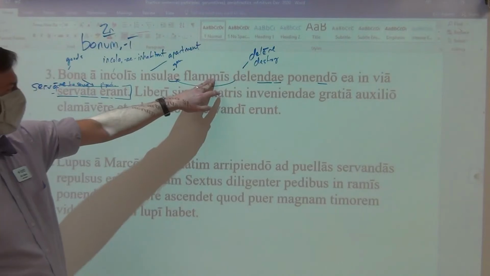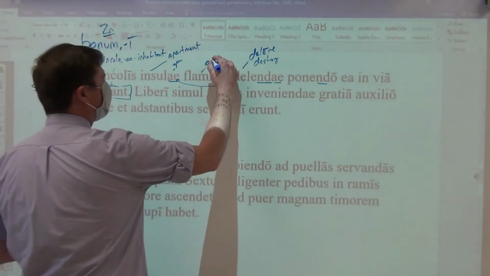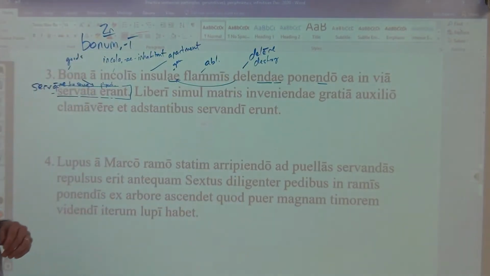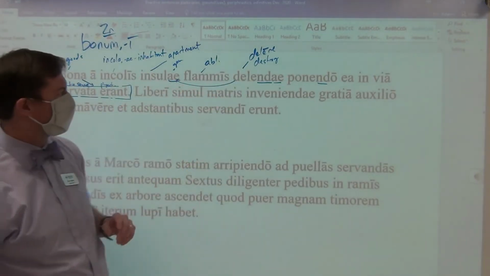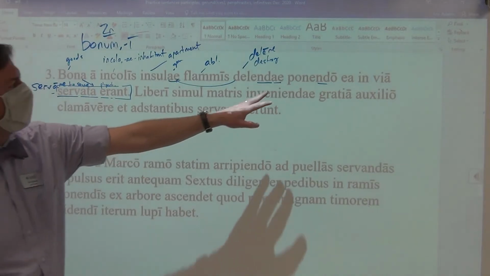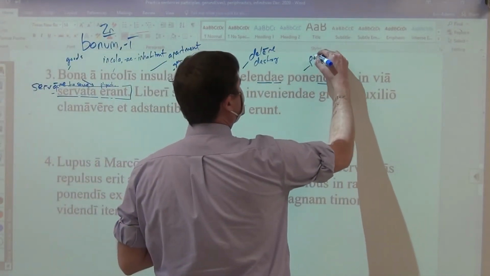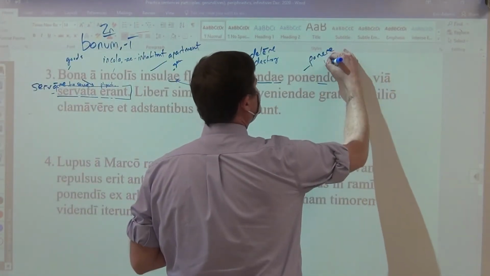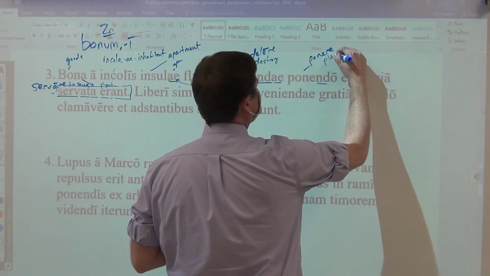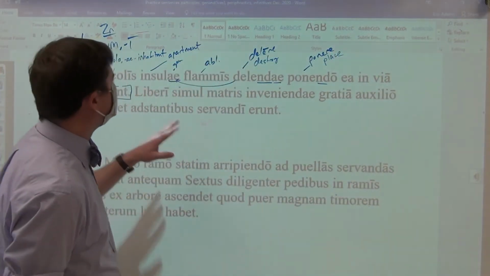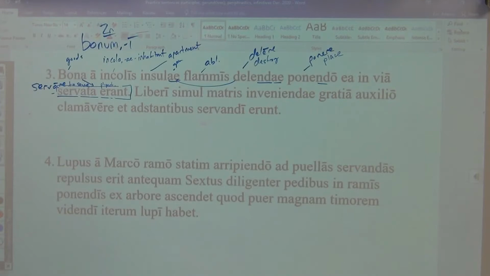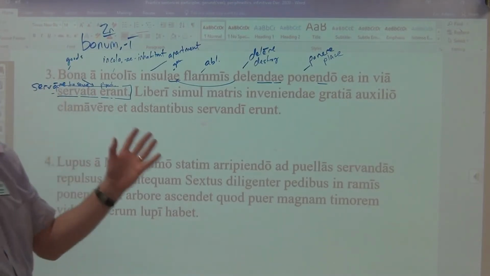And then flamis here is your ablative that is showing the means of the act delendai. Now when I look at ponendo, which comes from pono ponere, which of course means to put or to place, it, however, is not modifying anything, so it must be a gerund.